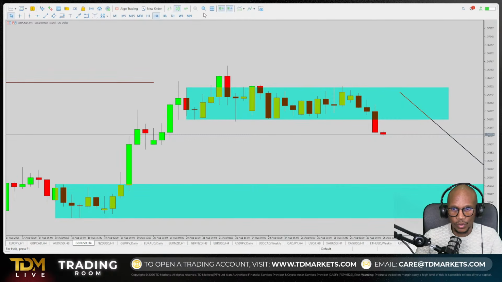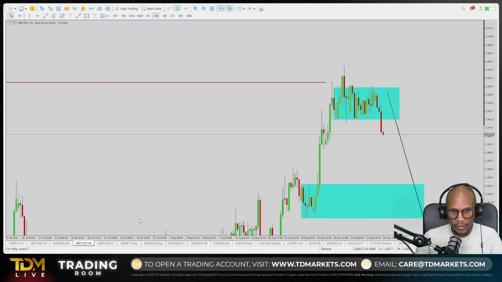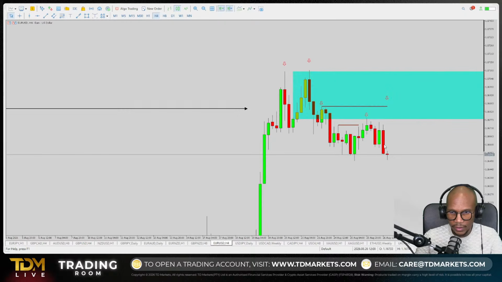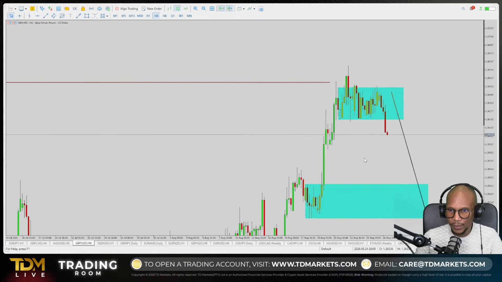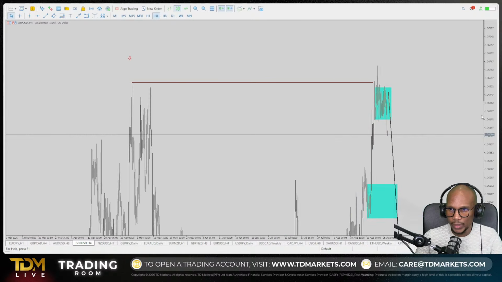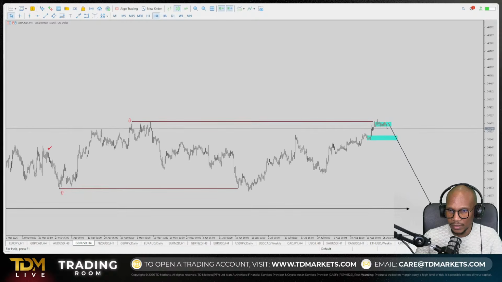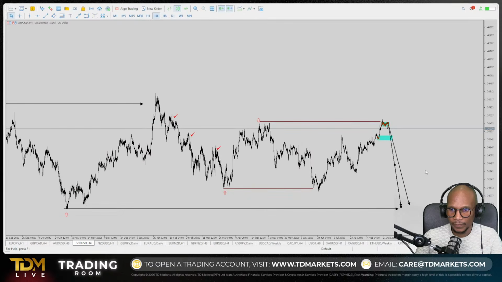So GBP USD has gone down. Euro USD has also pushed a little bit towards the downside. So remember with GBP USD, we spoke about keeping a close eye on this possibility. But we're going to take it one step at a time.